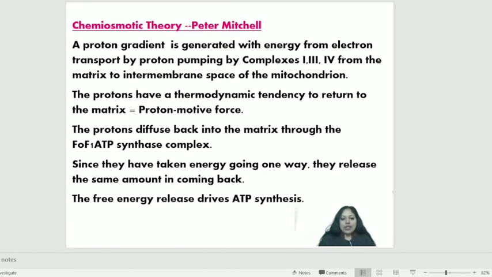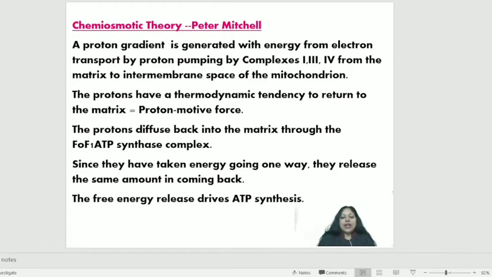The second hypothesis he gave is that protons have a thermodynamic tendency to return to the matrix, and the term proton motive force was given to this tendency.